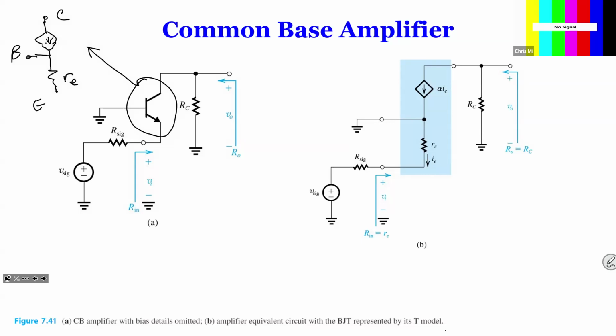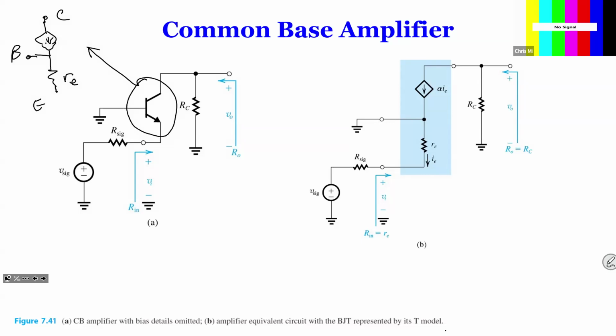Right, because with the T model often we don't use voltage anymore, it's easier to use current. So it's alpha times IE, and the bottom is IE, and the current in the base is IB. So that's the only difference between this one and the MOSFET model. The bottom is the same, the output is the same. Simply we use a different symbol RC instead of RD. Everything else is the same.